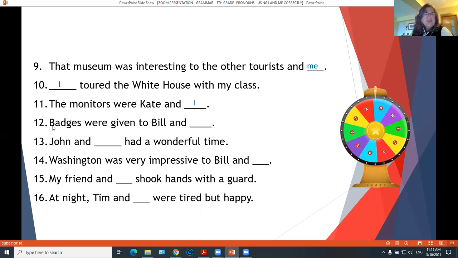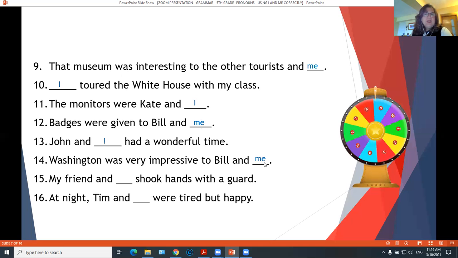Number 12, "Badges were given to Bill and _." In this case, it's me, because we are talking about the object of the verb give. Number 13, "John and _ had a wonderful time." In this case, this is a compound subject, which is John and I. Number 14, "Washington was very impressive to Bill and _."